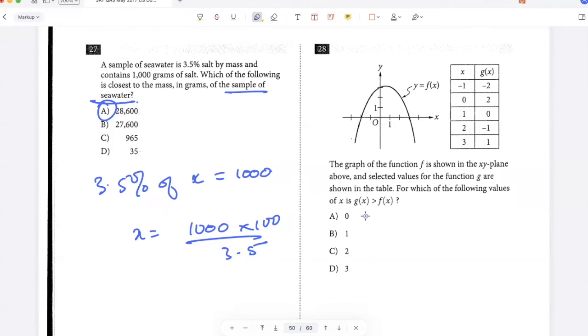So I don't think it's this. g of 1 is 0, so g of 1 is less than f of 1, so it's not this. g of 2 is negative 1, and this is positive, so it's not this. And g of 3 is 1, and f of 3 is 0. So g of 3 is greater than f of 3, so D.